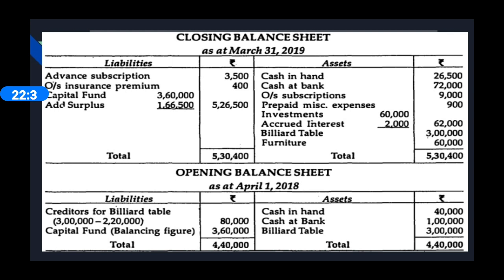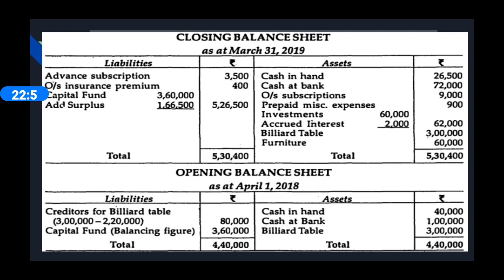So after closing the opening balance sheet, we can get the capital fund in the beginning. That amount was carried forward to the current year liability, and also we have to add the surplus, or we have to deduct the deficit. What is deficit? Deficit means the excess of expenditure over income.